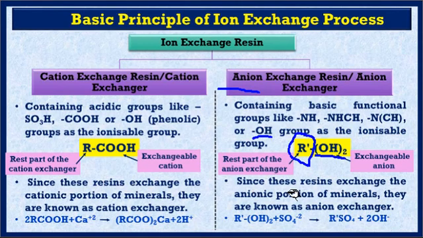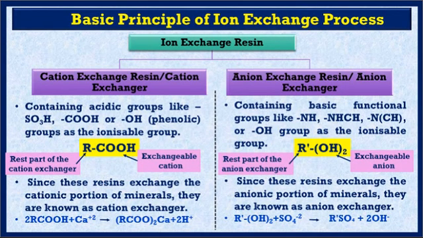Since these resins exchange the anionic portion of the minerals, they are known as anion exchangers. We can see here that R(OH)2, the anion exchange resin, when it reacts with the anionic part, or anion, is converted into the sulfonic resin and the OH minus ion is released into the water. So this is the basic principle of ion exchange, with the reactions of the cation exchange resin and the anion exchange resin.